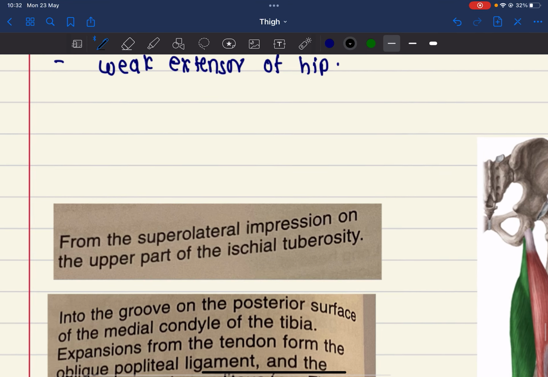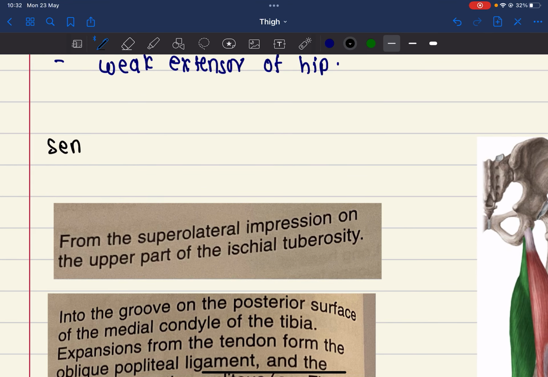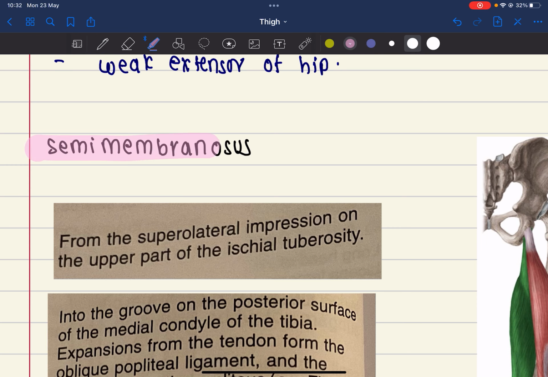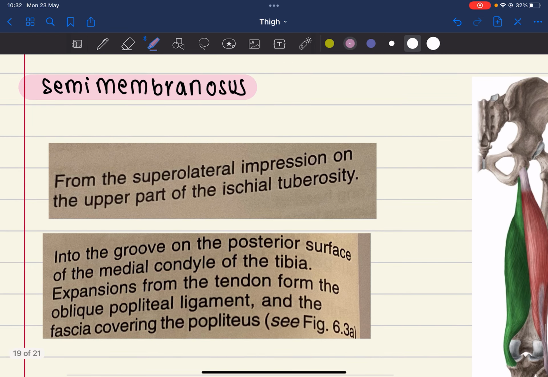The next muscle we have is semimembranosus muscle.